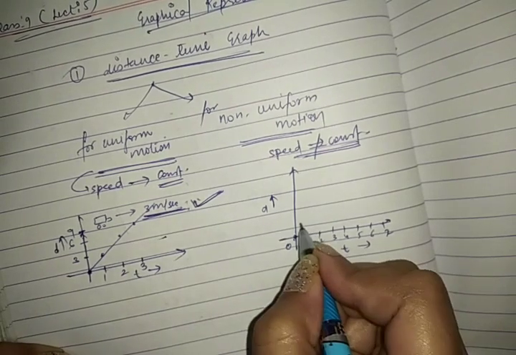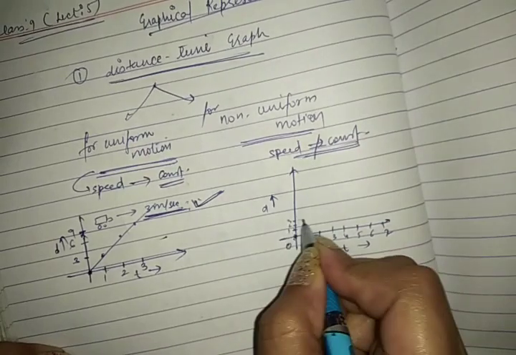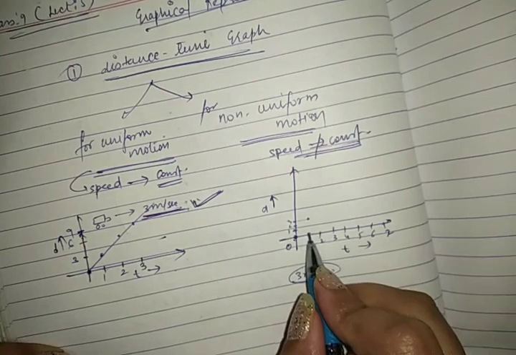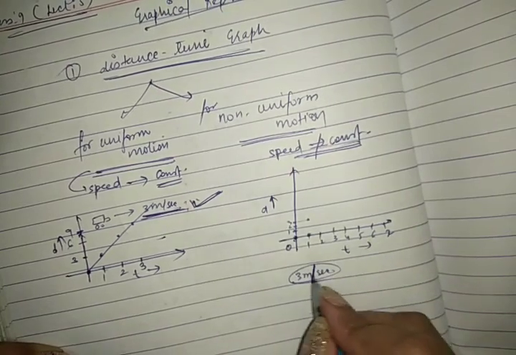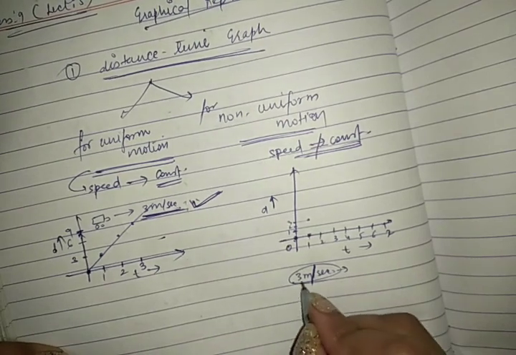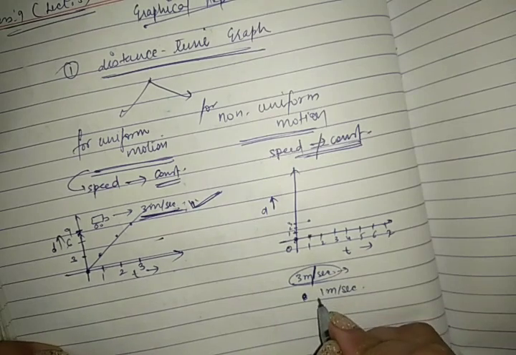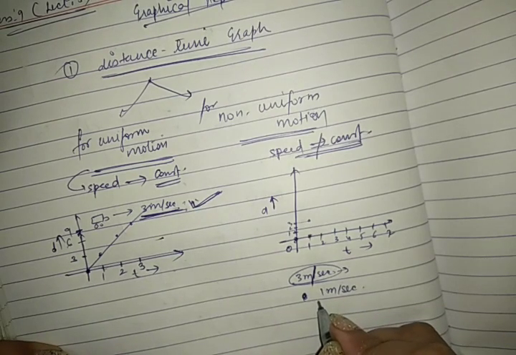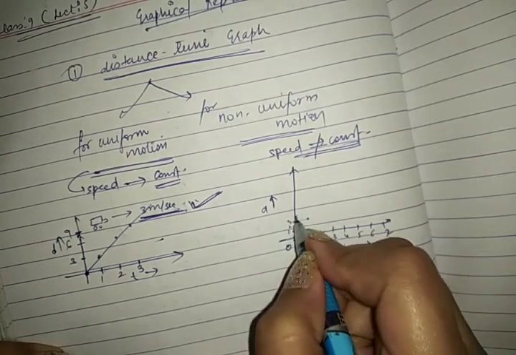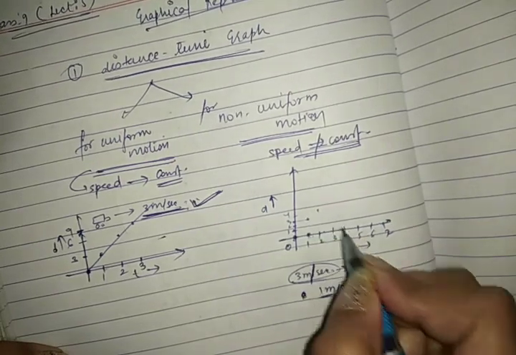That means in 1 second you covered 3 meters. And after 1 second, at this point it changed its speed such that its speed is now 1 meter per second. It slowed down. So for another 1 second it will travel 1 meter distance, that means from 3 to 4.